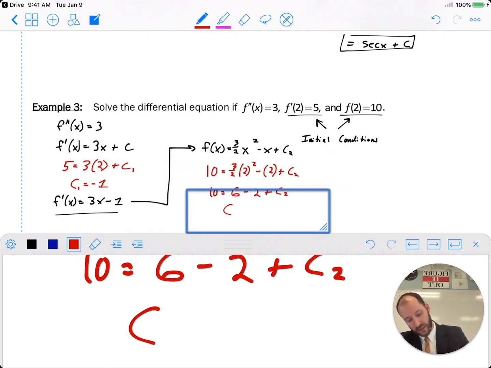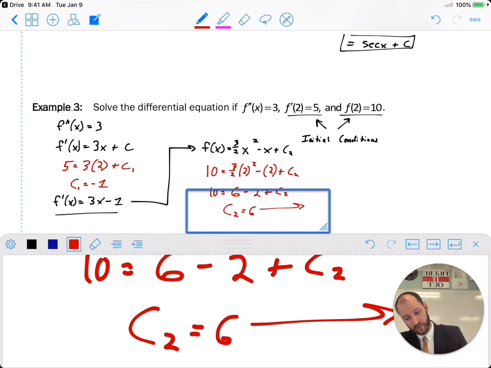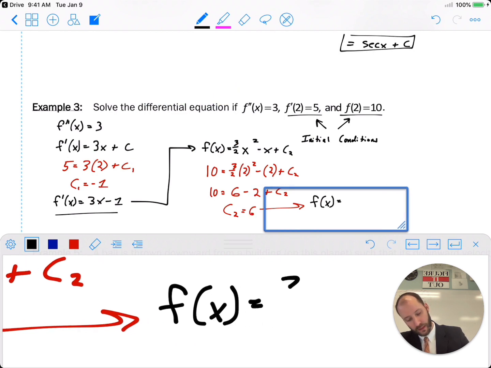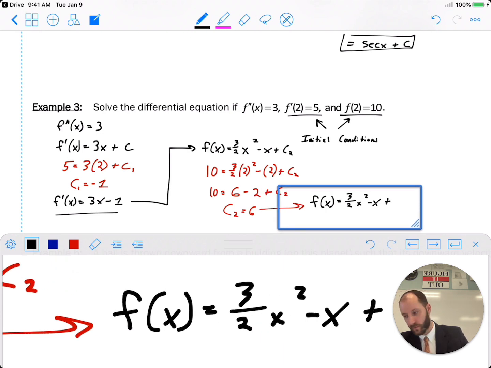And you end up with c sub 2 equals 6. So our specific or particular solution for f of x is 3 halves x squared minus x plus 6.